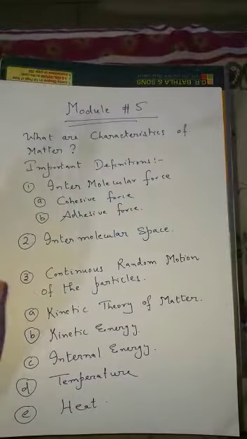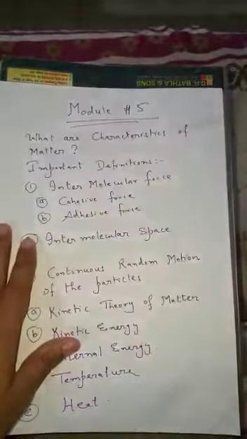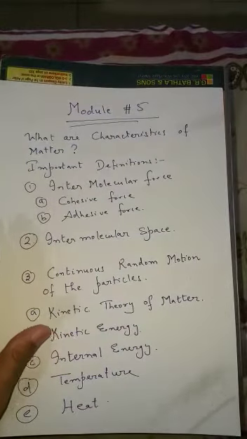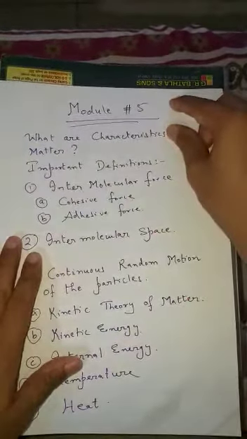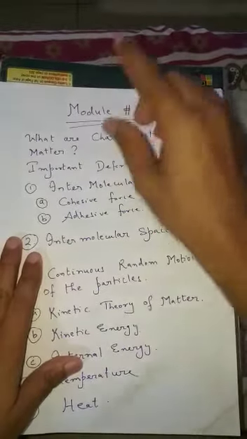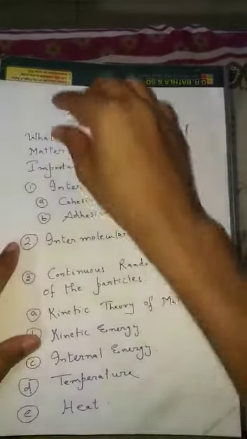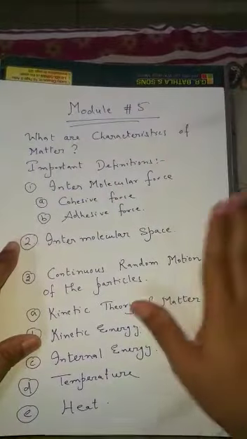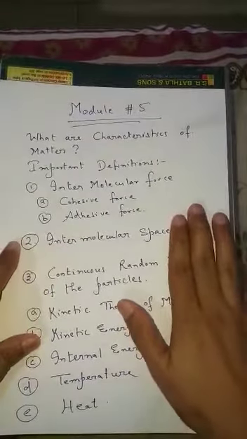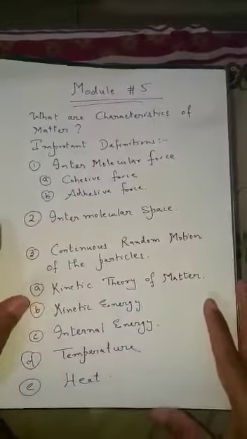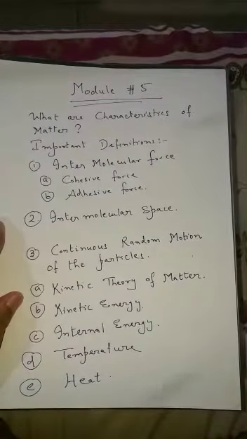In module 5, we studied characteristics of matter, and I had to make 2 videos on module 5. Video 4 and video 5 had information about module 5, because this is the most important module in the entire chemistry syllabus. There are 3 characteristics of matter.